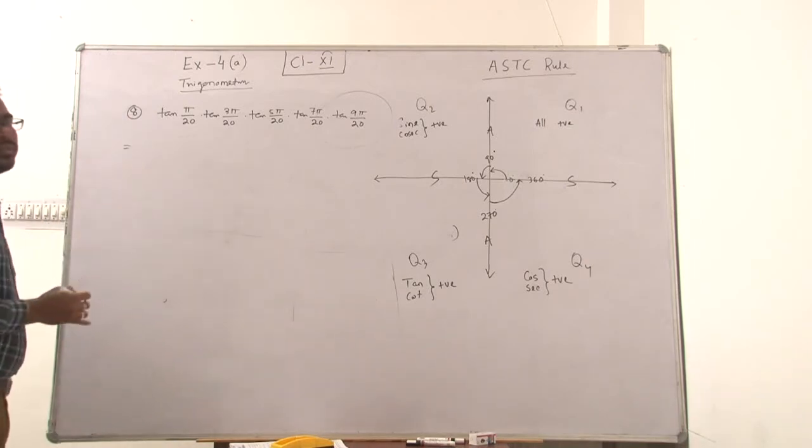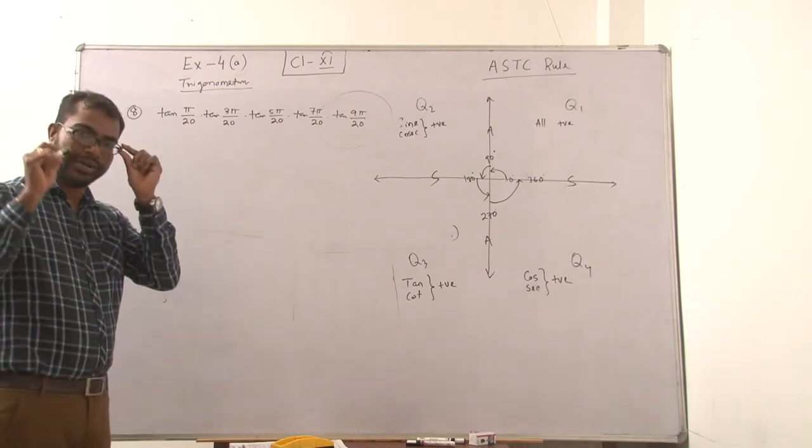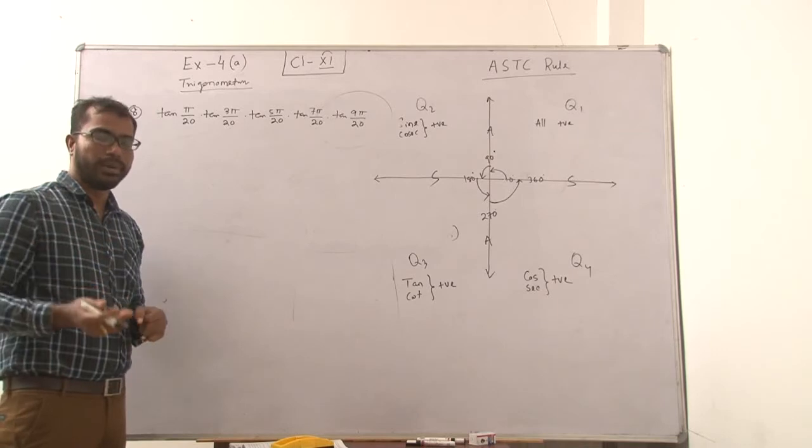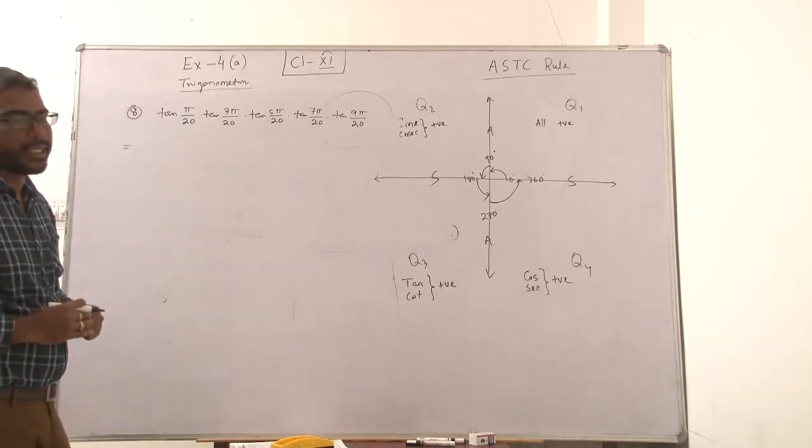As you know, what is the value of pi? Pi in radian form, if we convert it into degree, means pi is equal to 180 degree.